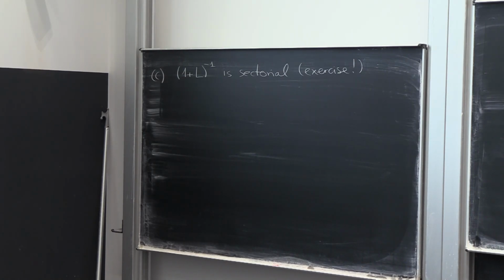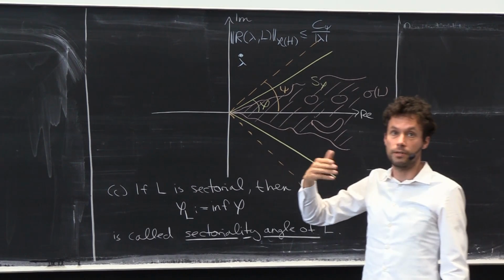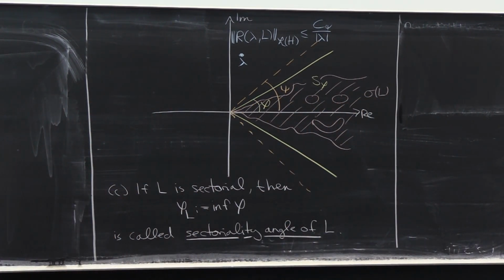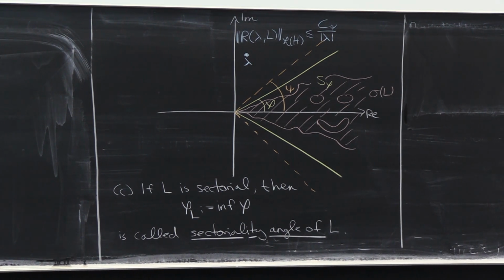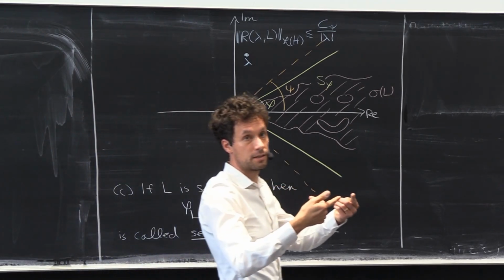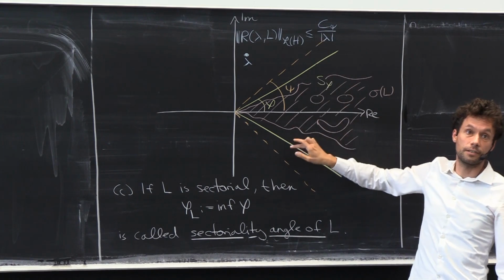If I go from L to 1 plus L, this means I'm shifting the spectrum to the right. And shifting to the right is an operation that preserves the sector of angle phi. And then if I go to the inverse, some sort of spectral mapping theorem tells you that I have to compute the inverse separately for every element in the spectrum, by switching from z to 1 over z, which is yet another operation that preserves this sector.